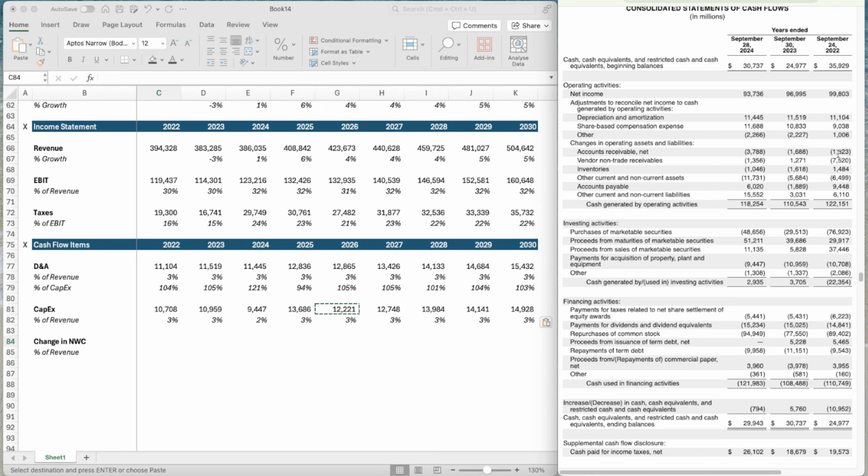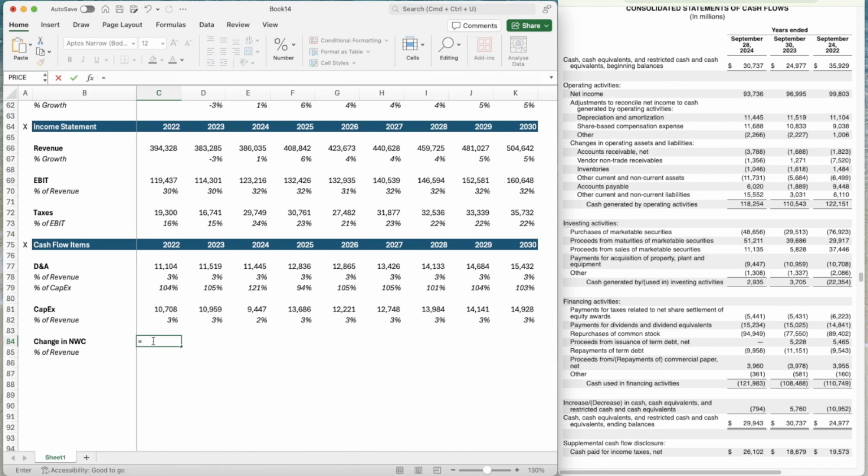Let's do that now. As I said, the change in net working capital is the sum of these figures. In parentheses and brackets, that's a negative number. So we go equals sum minus 1823, comma minus 7520, comma 1484, comma minus 6499 plus 9448 plus 6110.